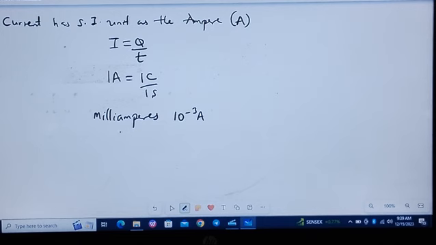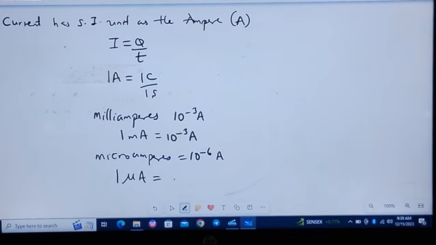So we say 1 milliampere is equal to 10 raised to power minus 3 ampere. You also have microamperes. That is equivalent to 10 raised to power minus 6 ampere. So 1 microampere is equal to 10 raised to power minus 6 ampere.